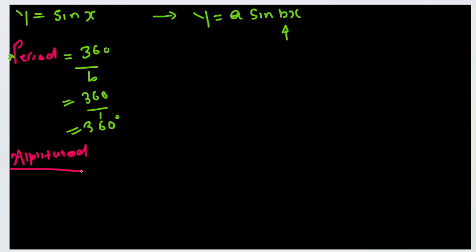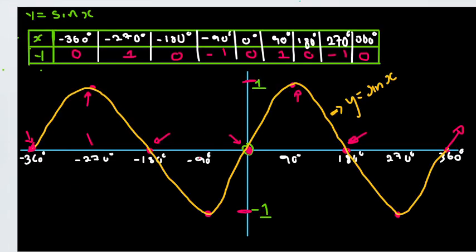The amplitude of this graph. Amplitude is just the vertical distance between the minimum point and the maximum point. You can just say maximum to minimum point, but it's a vertical distance here. The vertical distance is this line, which I'm drawing here.